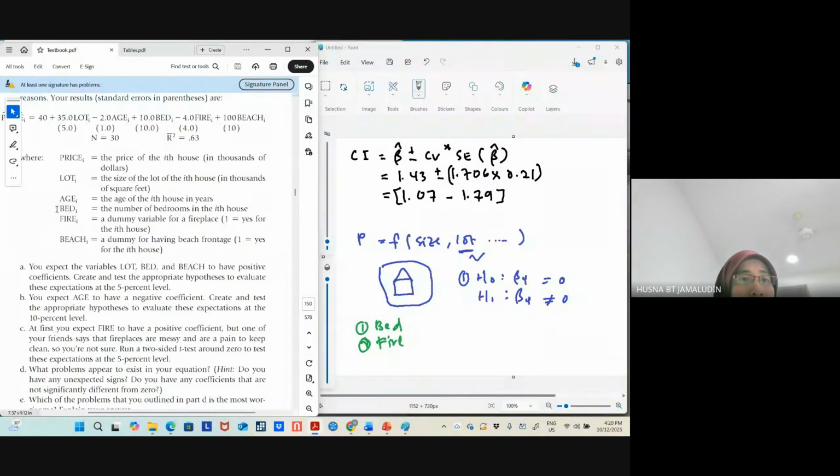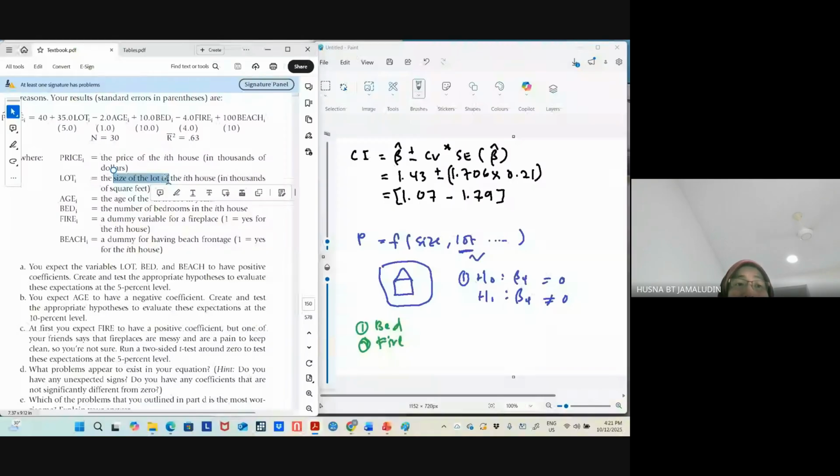How? When the number of bedrooms is high, for example, you have more bedrooms, what happens to the size of your lot? Will it become smaller? When you have more bedrooms, of course, the size of the lot will become bigger. So having more bedrooms is the same as having a larger lot, right?